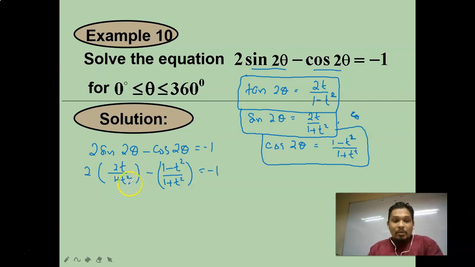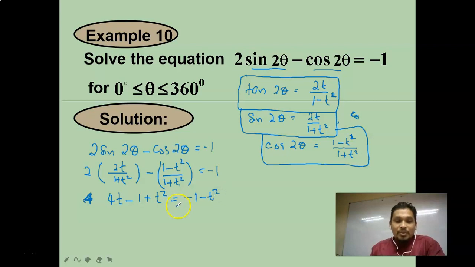So both denominators for these fractions are equal, 1 plus t squared. So multiply by 1 plus t squared here, here, and here. So it gives you 2 times 2t equals 4t, minus 1 minus t squared, equals negative 1 times 1 plus t squared, negative 1 minus t squared.